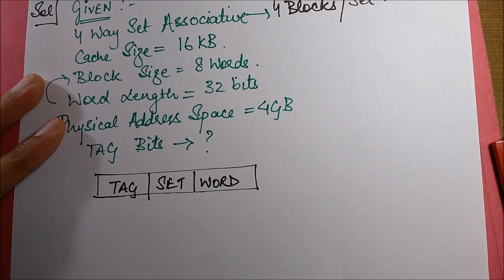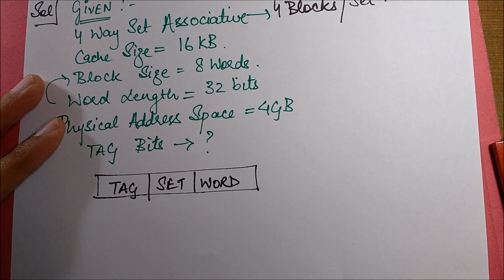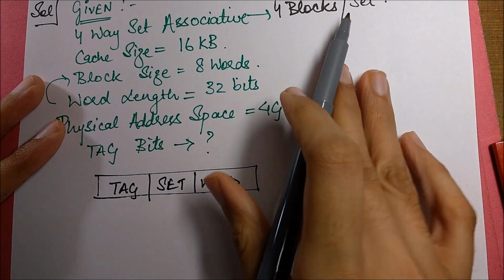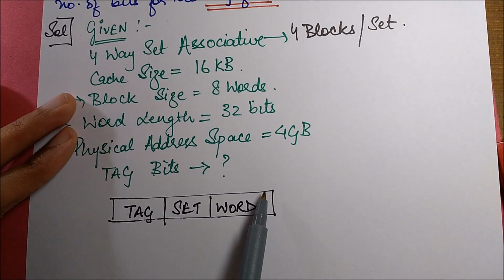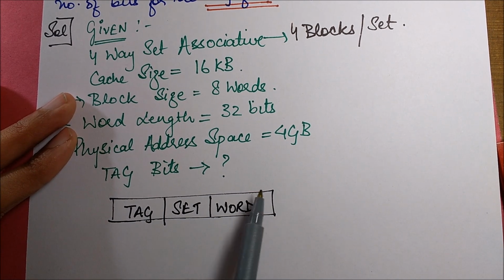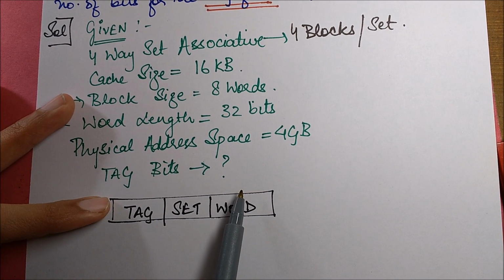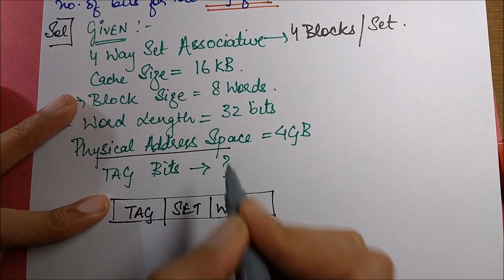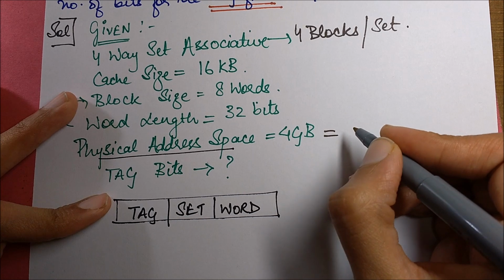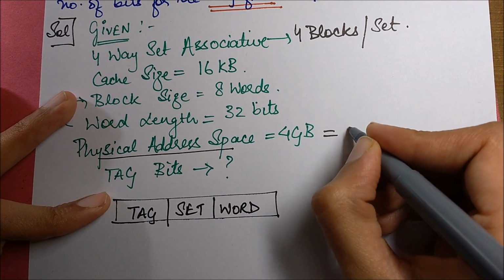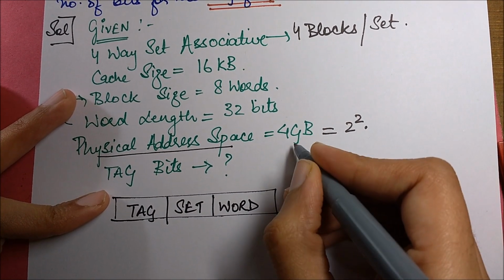Now I'm very clear of what I need to find and how I'm going to get it. With 4 blocks per set, first I should know the total number of bits I'm going to put over here. That is going to come from the physical address space, which is 4 gigabytes. Let's convert it: it is 2 to the power 2 into gigabytes.